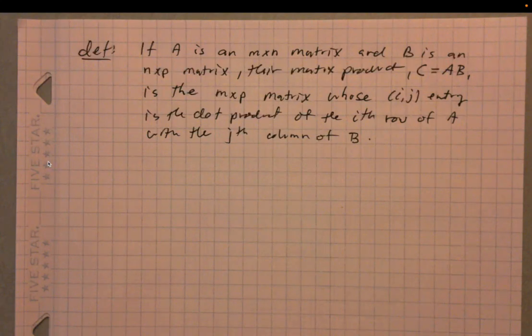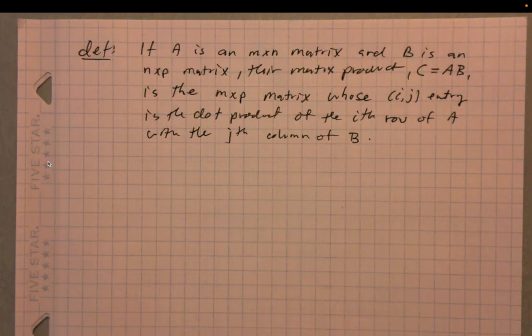I recognize that it's not completely obvious what is happening here. But let's talk this through, and then we'll draw some pictures and do some additional examples. If A is an m by n matrix and B is an n by p matrix, then I can multiply them together to get a new matrix C equal to A times B, with dimensions m by p.